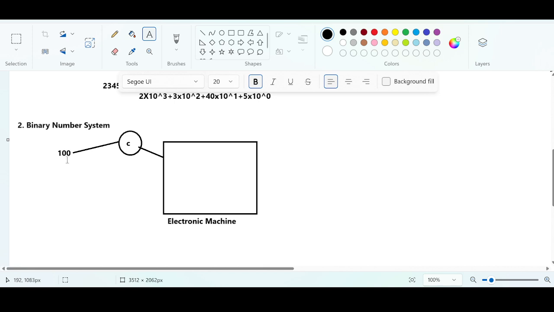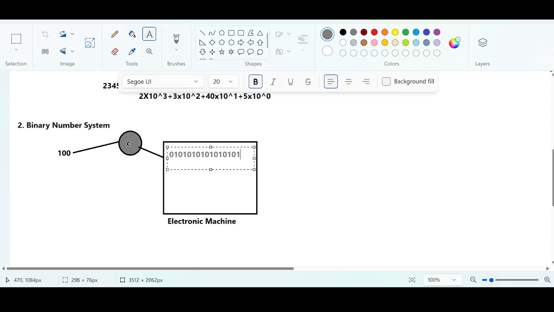If you want to store this 100 into this electronic machine, there should be a converter. This converter needs to perform a conversion. It has to convert whatever decimal number you give to zeros and ones, because the machine can only understand sequences of zeros and ones.